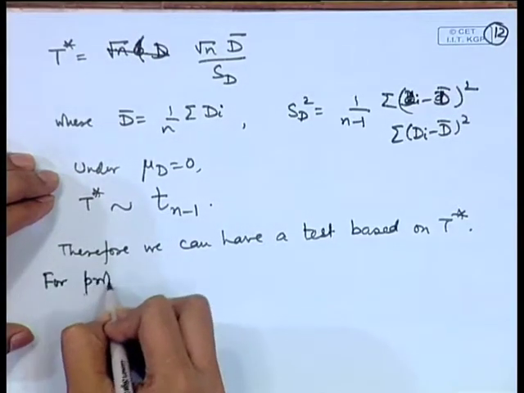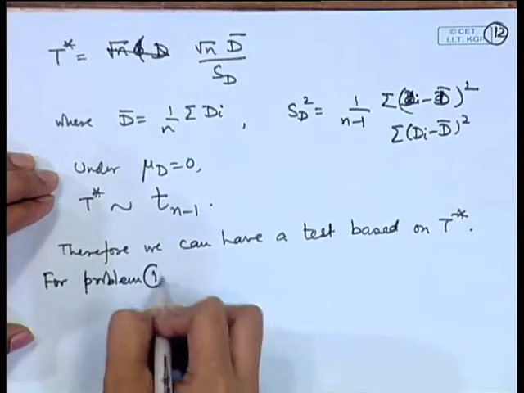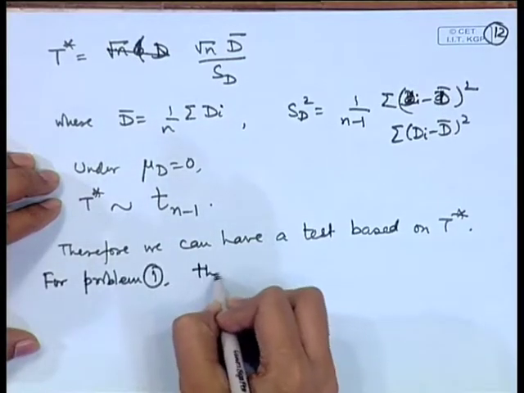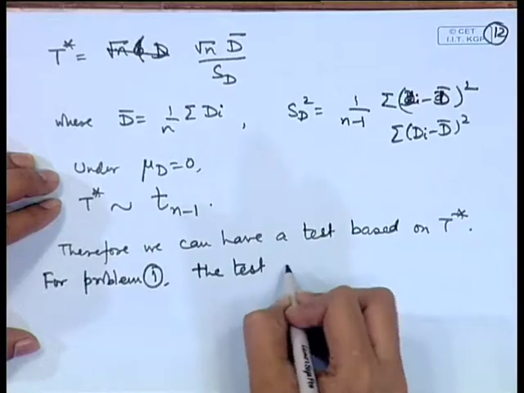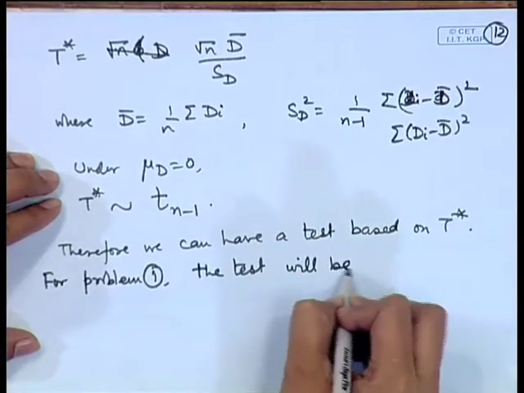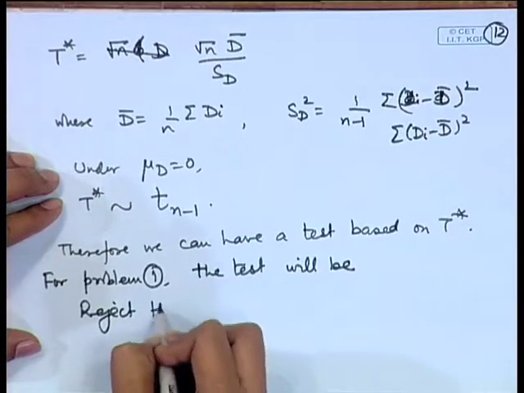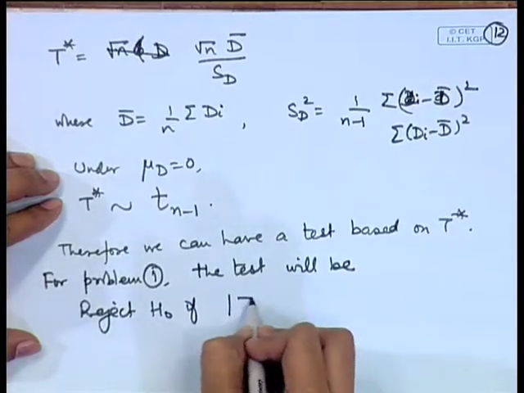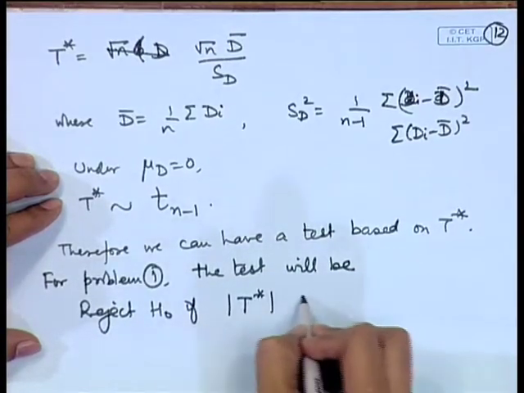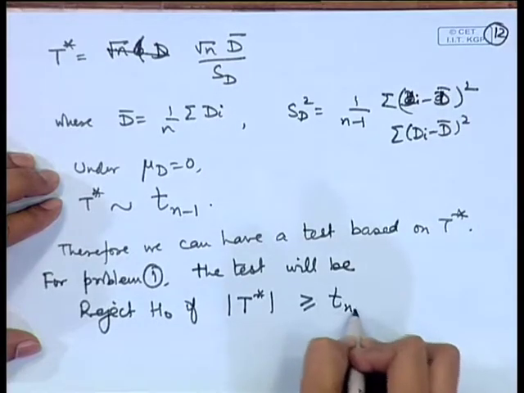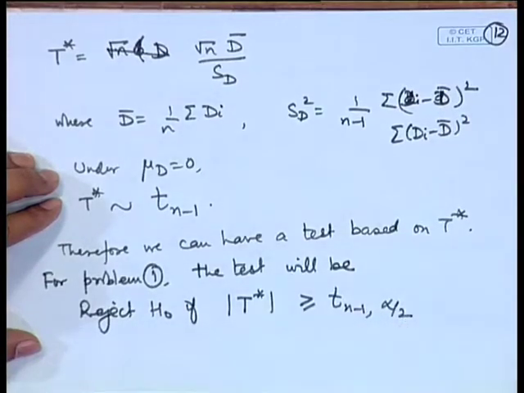So, for hypothesis testing problem 1, the test will be reject H naught if modulus of T star is greater than or equal to t n minus 1, alpha by 2.